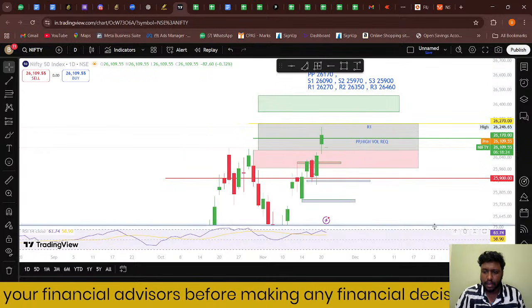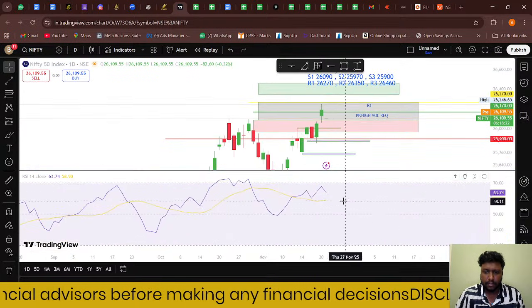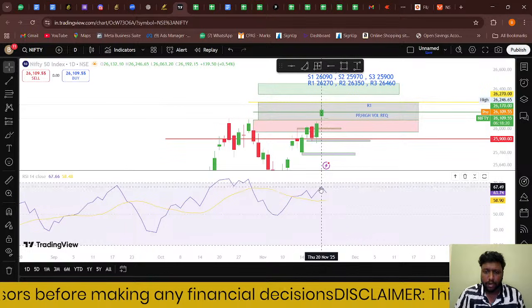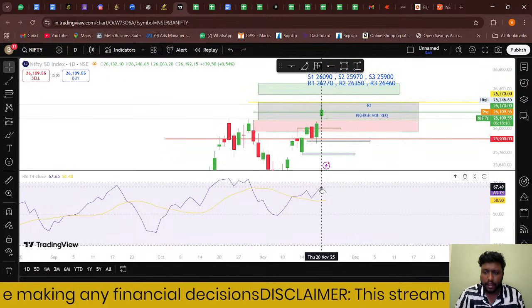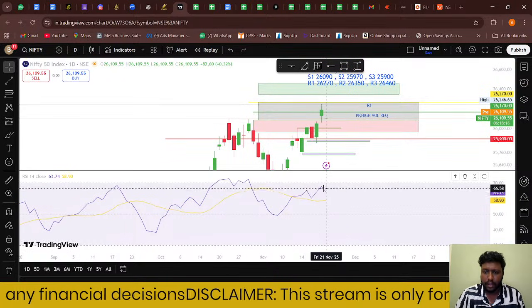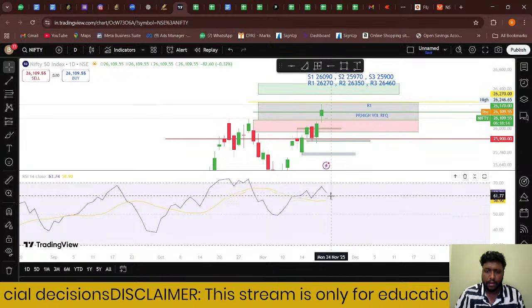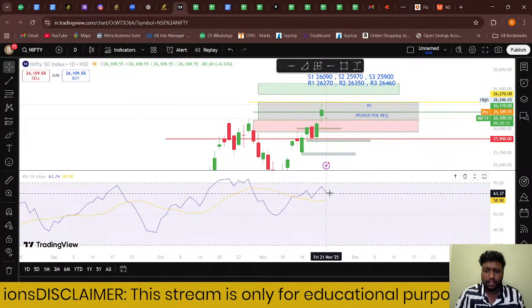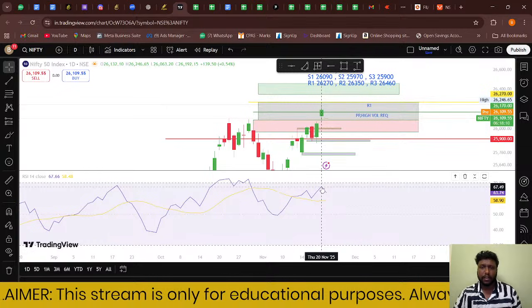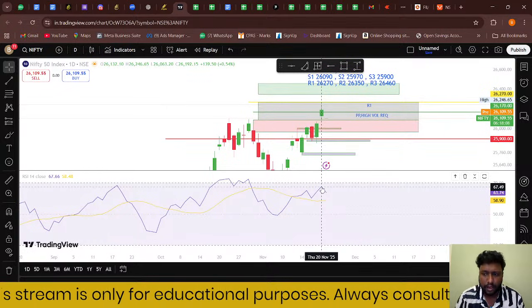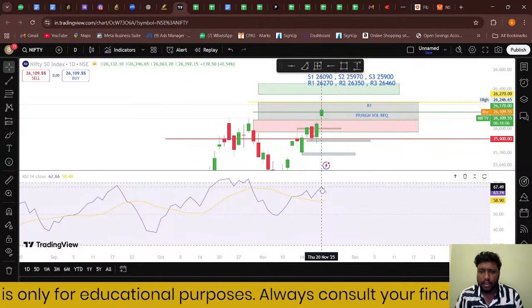If you see the RSI part also, it made a high up to 67 on the 20th and reversed back to 63. So it is not near our overbought zone.